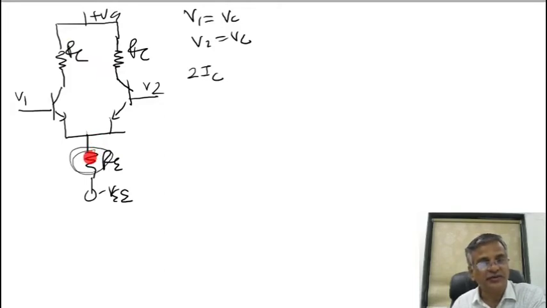Here we have assumed the transistors are identical. So the voltage across this is nothing but I can write 2IC into RE. So here the voltage is changing. The voltage across this I can write as 2RE into IC.